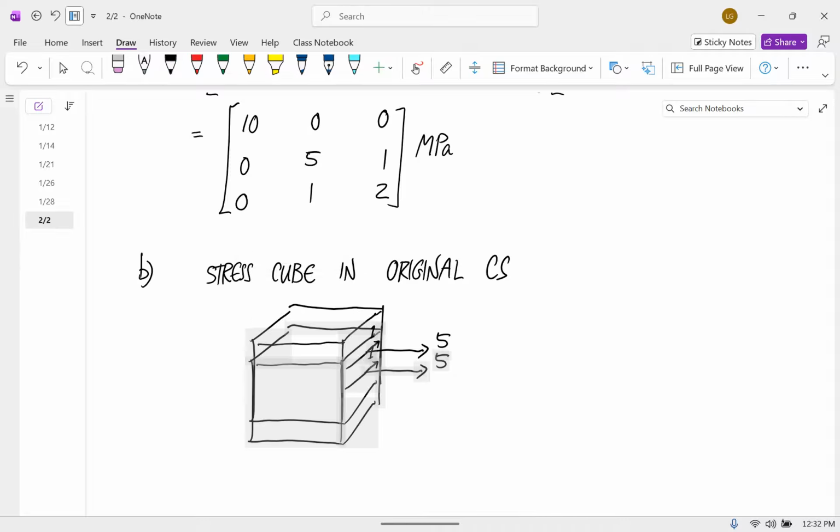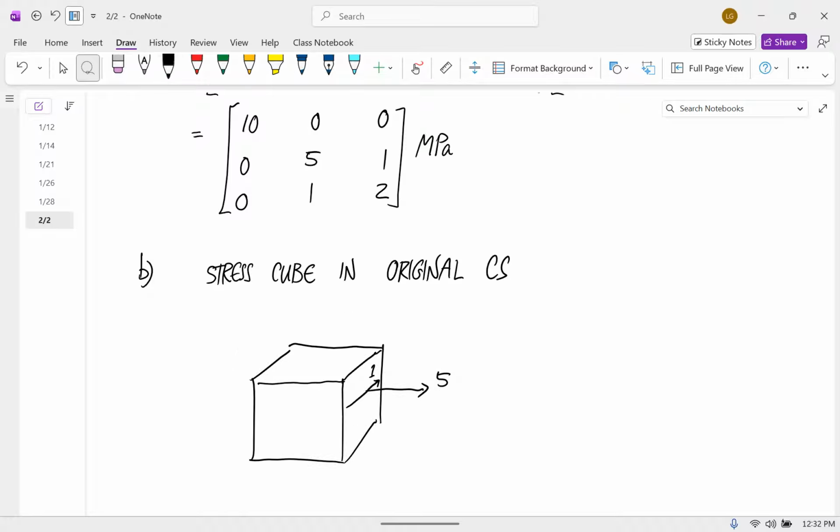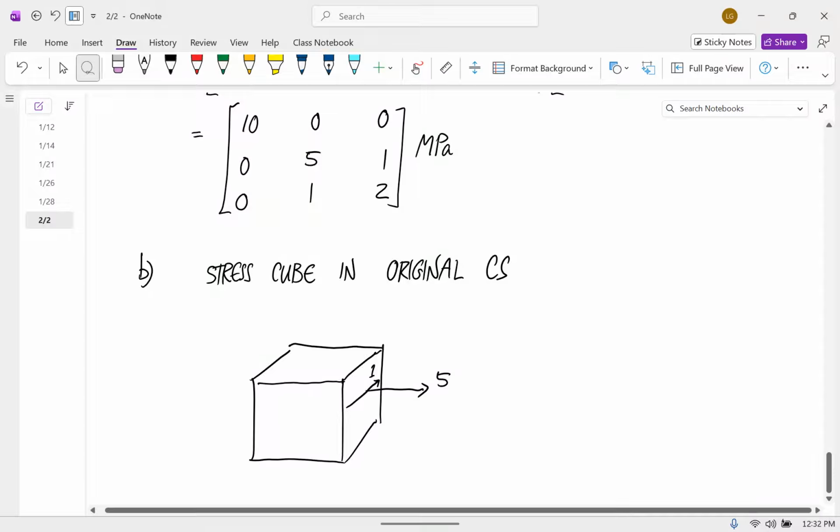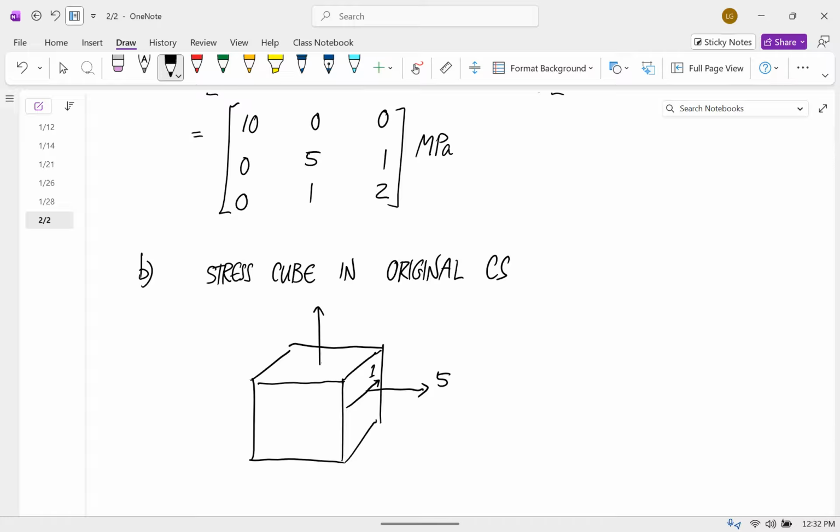On the positive Y face, we have nothing but a normal of 10. And then on the Z face, we have the 1 matching the 1 on the X face, and then we have positive 2 coming out.